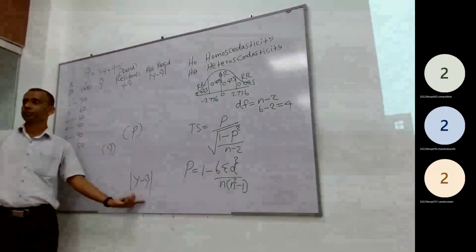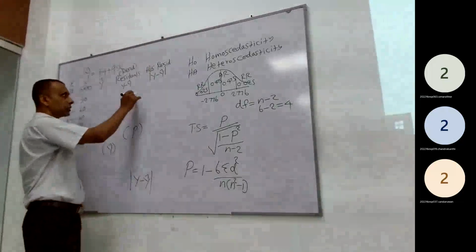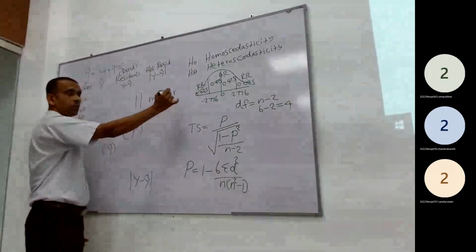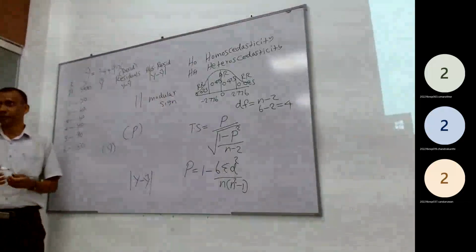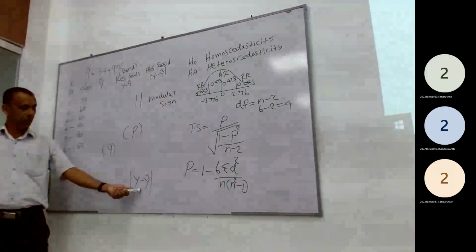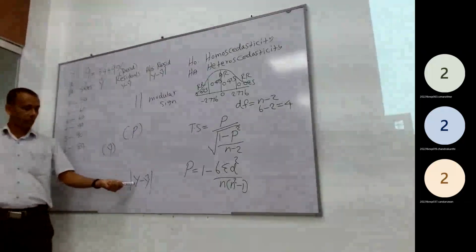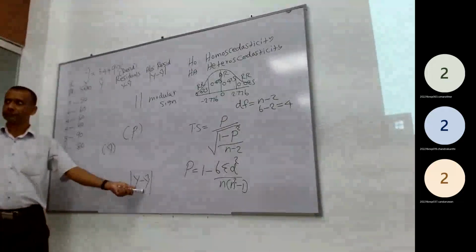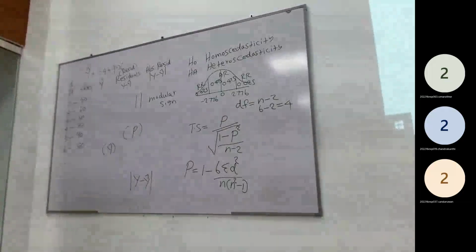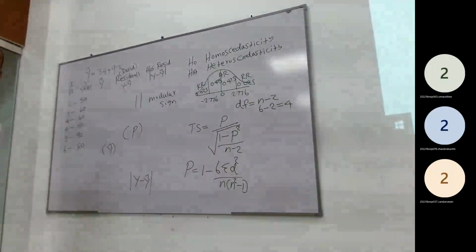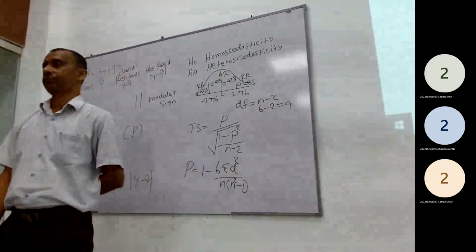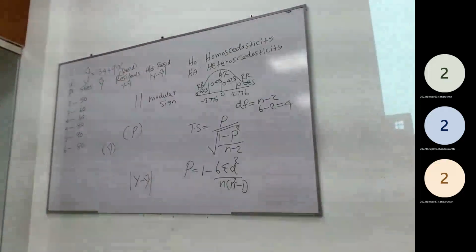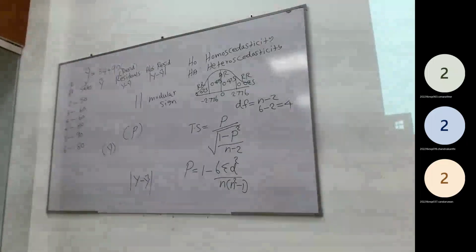Modulus sign, absolute value, no need to worry about negatives. We have to calculate the absolute value of this. After that, calculate the rank correlation rho. Right? We want to calculate that.